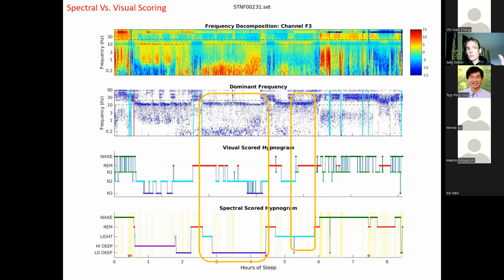In fact, there's a whole literature now on trying to induce or enhance the magnitude of low deep sleep so that people will have better memory consolidation. This has been studied very recently, that slow oscillations enhance memory and that they can enhance it by giving you auditory stimulation to increase the amplitude of your low deep sleep.